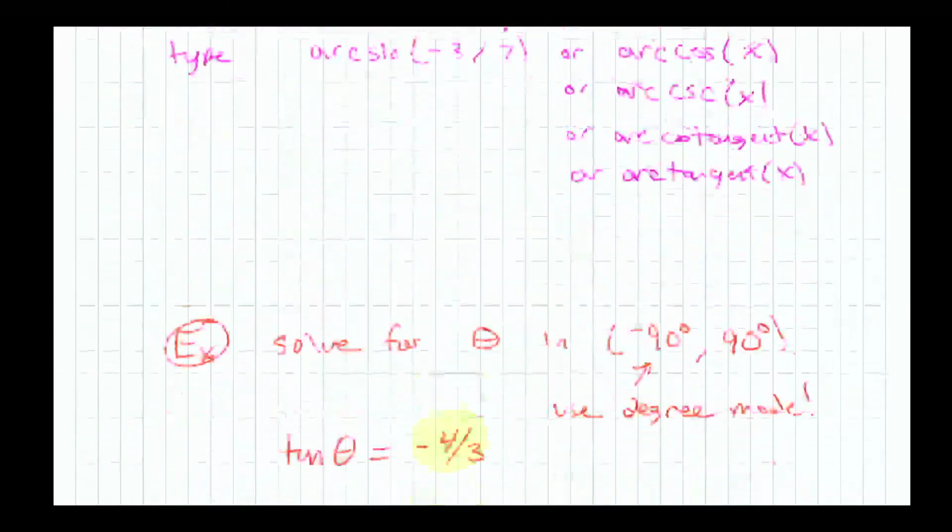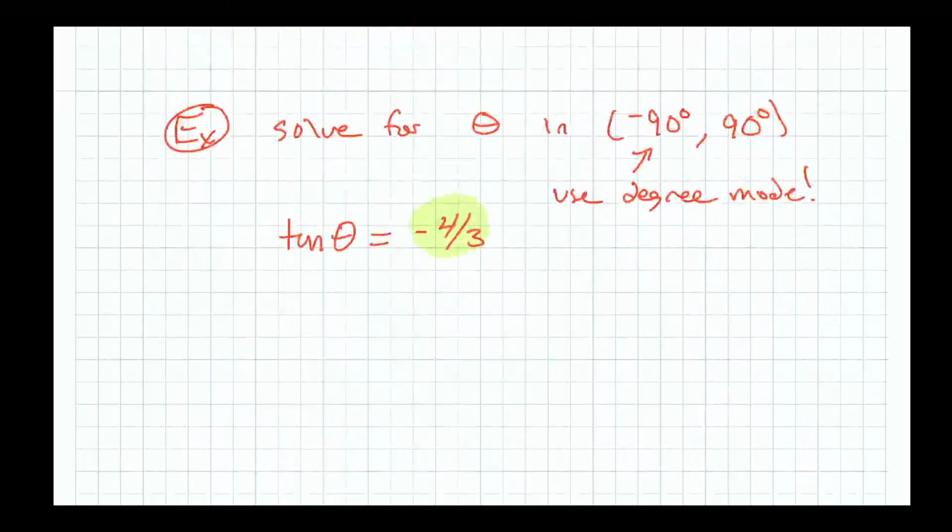So let's do this. Come back here. Tangent theta is -4/3. So how are we going to do this? We should remember how to do it. We take tangent inverse of both sides.